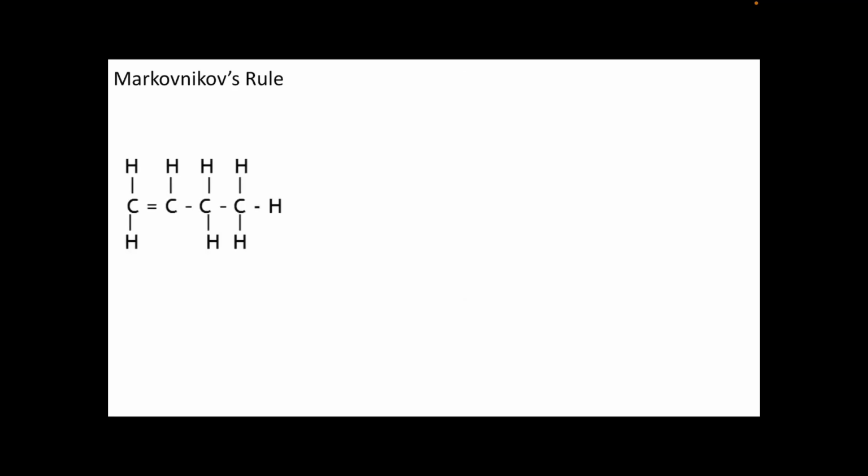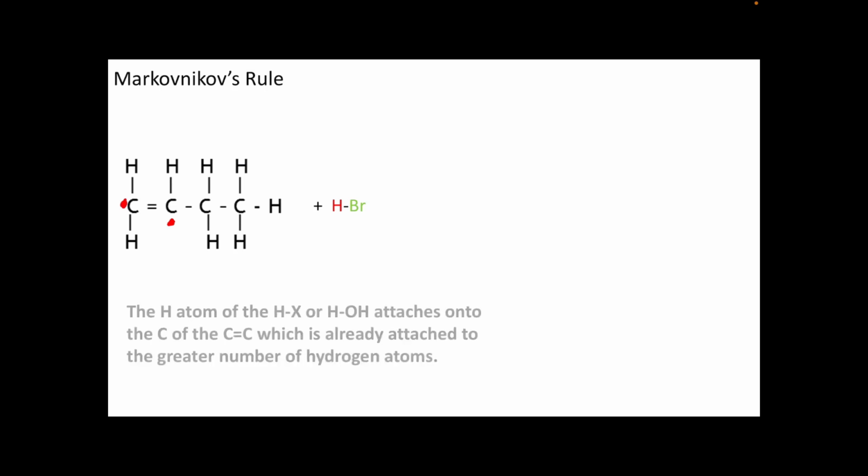So here we have but-1-ene, and we are going to add hydrogen bromide across the double bond. So we're going to add an atom here and an atom here. Now, which one goes in which carbon is determined by the rule.